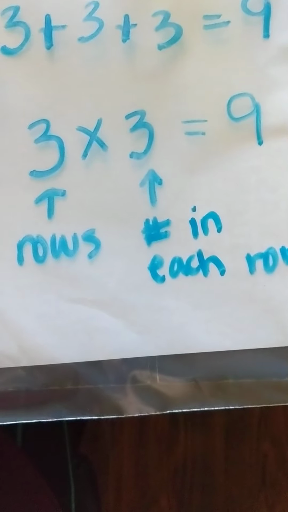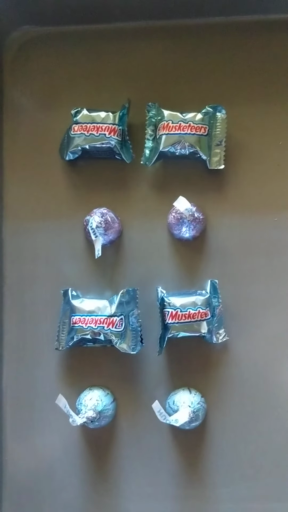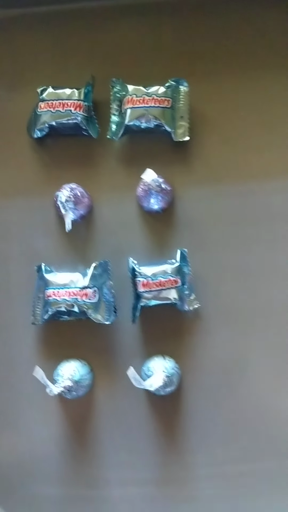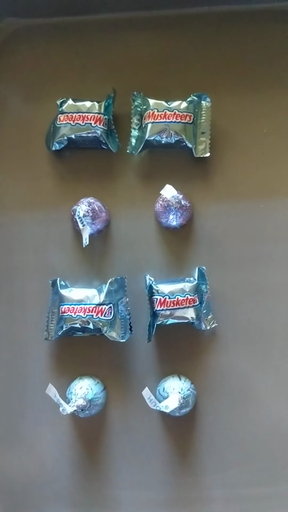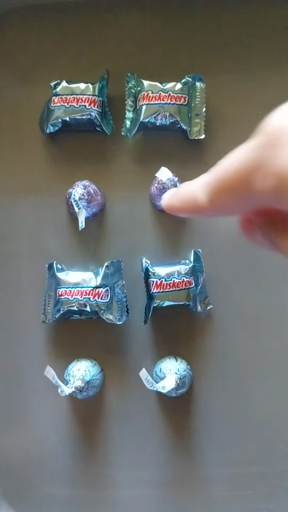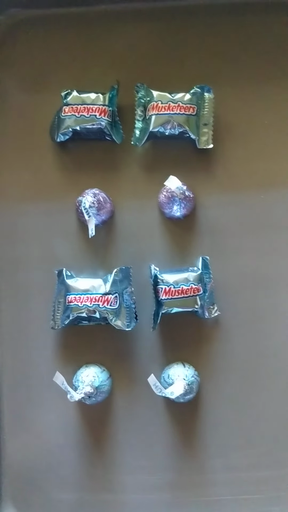All right, so let's try a different example. Here is a different array. As you can see, it looks different. There's different candies in it, but that doesn't matter, because in total I'm trying to figure out my total number of candies. Whether it's a Kiss or a Musketeer, they're still candies. So here we go again.